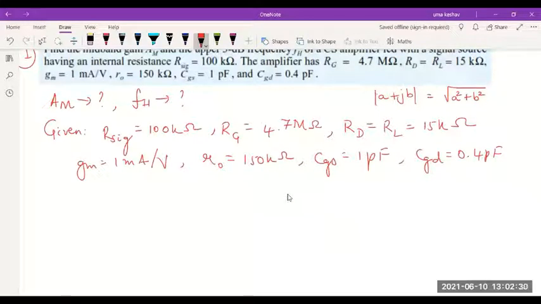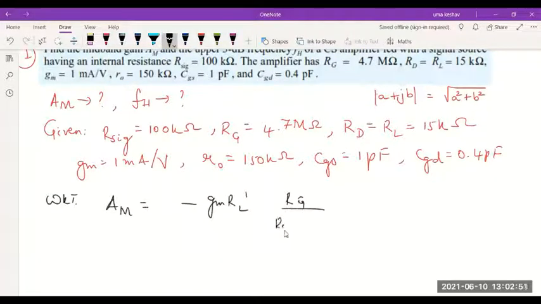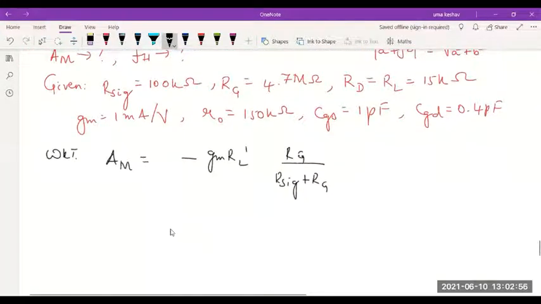What is the expression to find the mid-band gain? Just now we wrote, no? What's the expression? Minus gm RL dash into Rg by Rsig plus Rg. You can directly substitute. gm is also given. RL dash you should find out. So this will be minus of 1 milliampere per volt. What is RL dash?